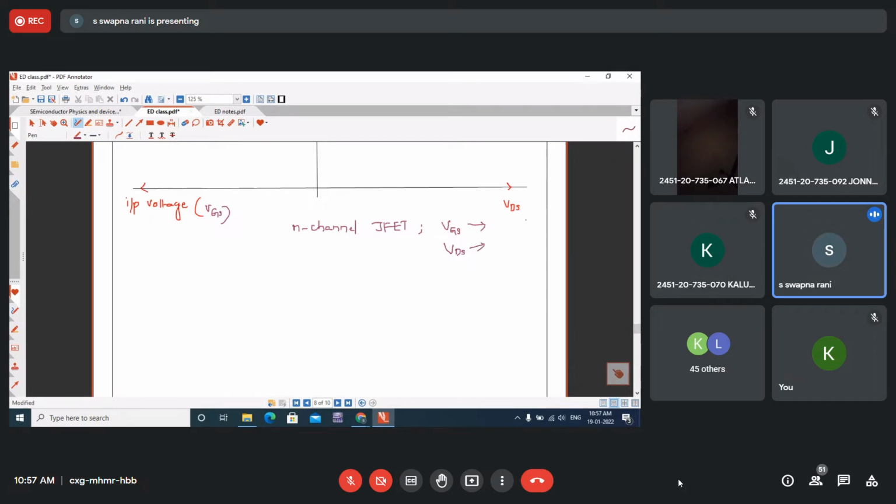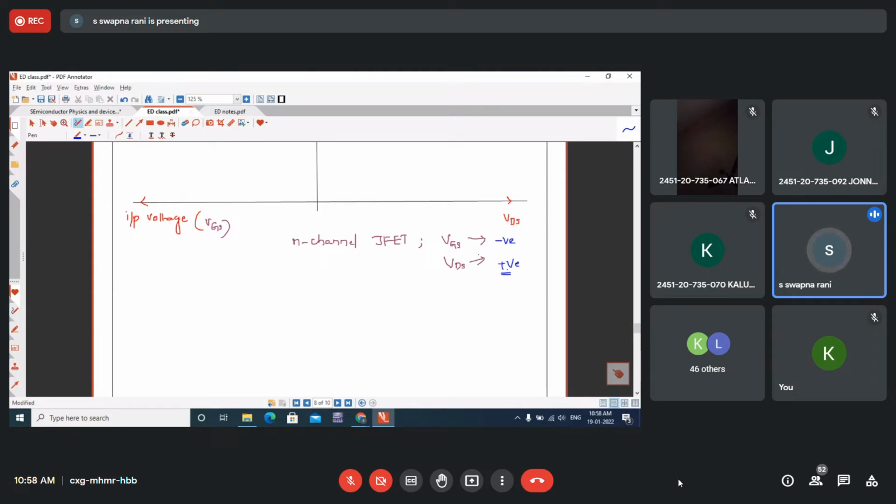So the gate must be reverse biased, meaning the P type gate is connected to negative and the N type channel is connected to positive. So VGS must be negative, whereas VDS must be a positive voltage, because when you give a positive voltage at the drain with respect to source, only then will the electrons be attracted towards the drain. So that is why VDS will be positive for an N channel JFET, and VGS is negative.